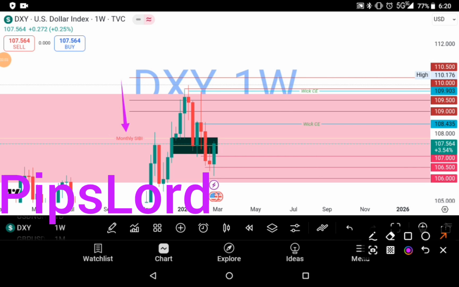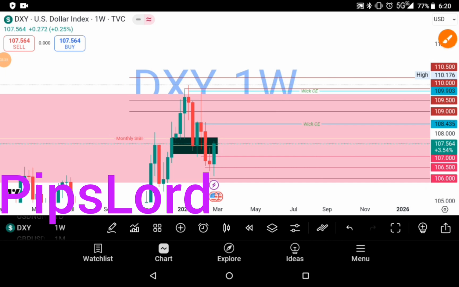As long as the market price stays below that CB, I'll still be interested in the 106 big figure, because 106.50 has been taken, but the 106 big figure was short of some movement.